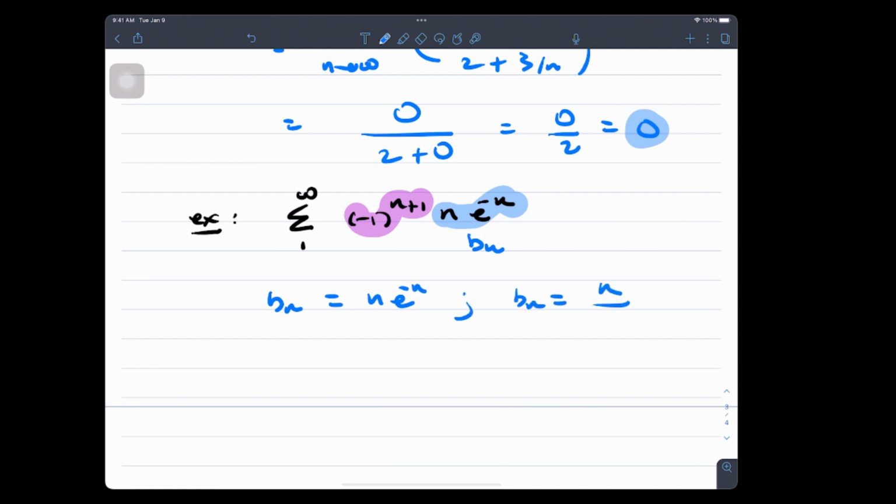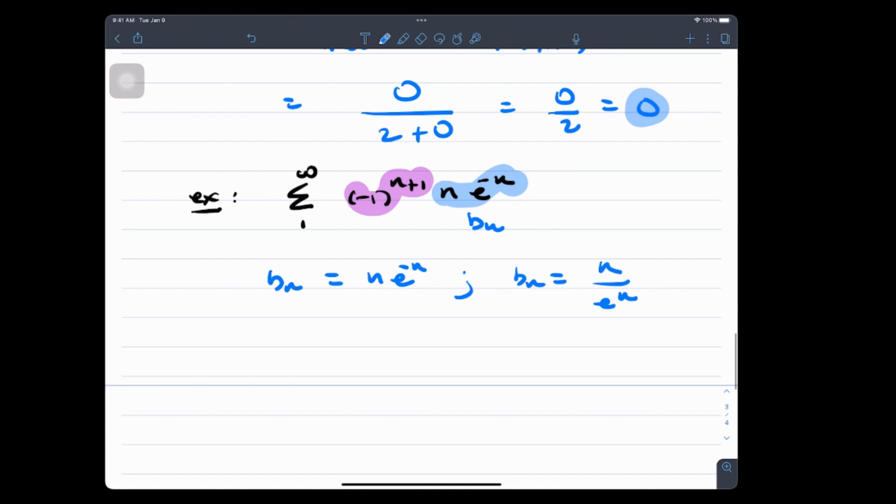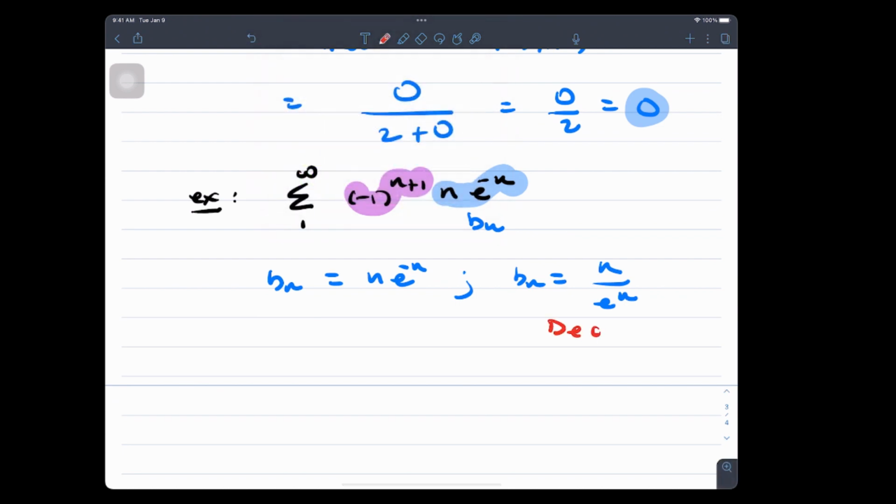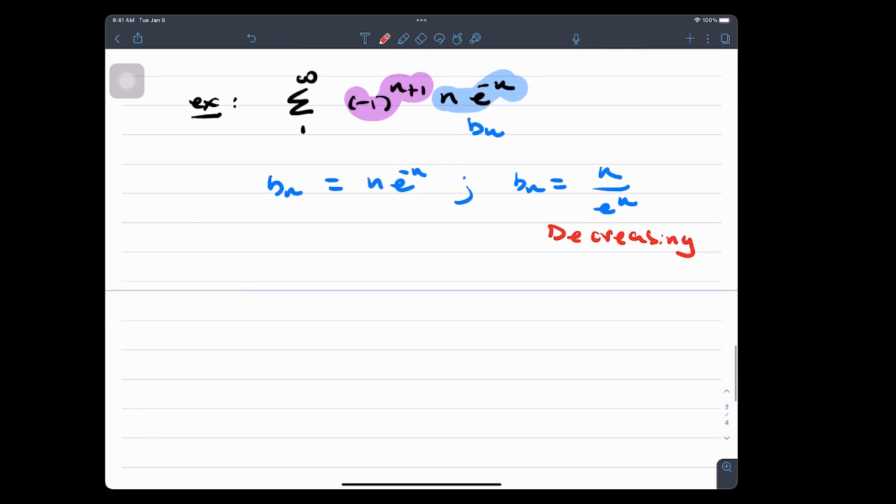Bn is n over e to the n. Again, this is also going to be a decreasing situation. So you might say, here's a decreasing. What if I look at this function x over e to the x?